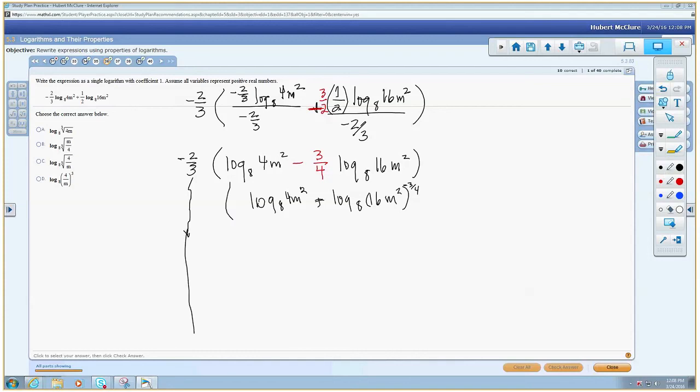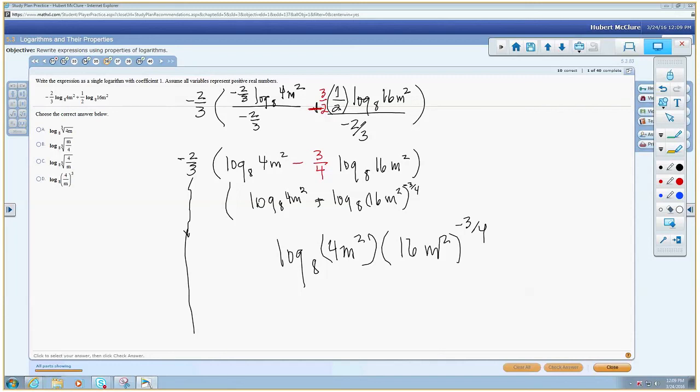Now we've got this. You can put this log base 8 of 4m squared times what? Times 16m squared to the negative 3/4. Now you can bring this down below this because that's what? A negative exponent.